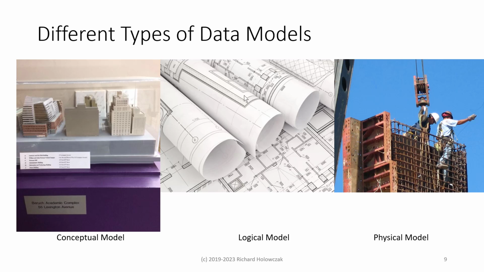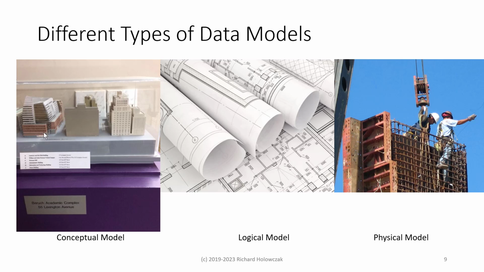And here, in my analogy, we're looking at a set of blueprints. The blueprints are very, very specific drawings that give the height and the width and the weight and the materials and where the cables will run and the wires will go and where the doors will be. Very, very detailed, very specific, very precise set of plans. Okay, and I'm going to call that sort of my logical model.